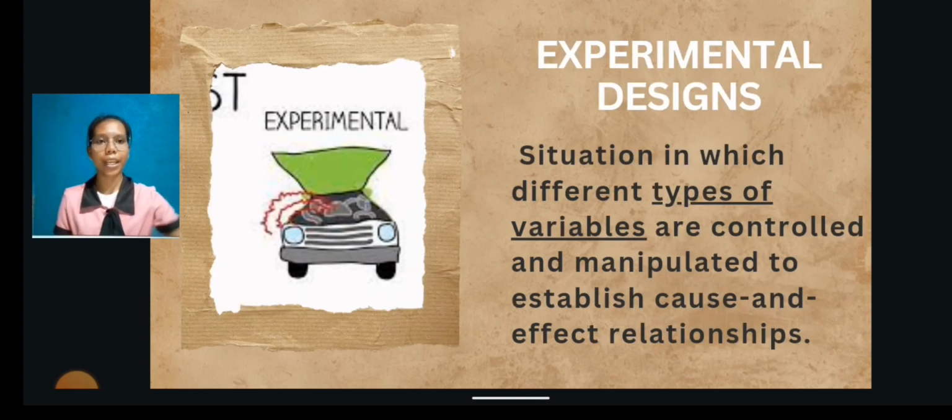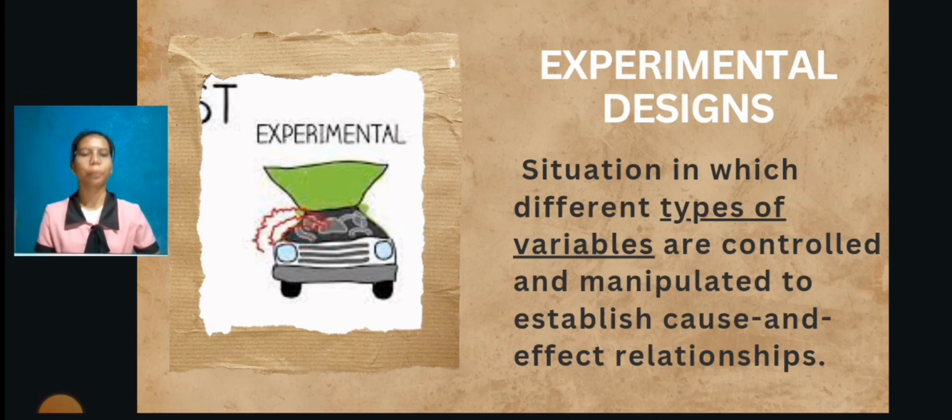The last one is the experimental design. It is a situation in which different types of variables are controlled and manipulated to establish cause and effect relationship.